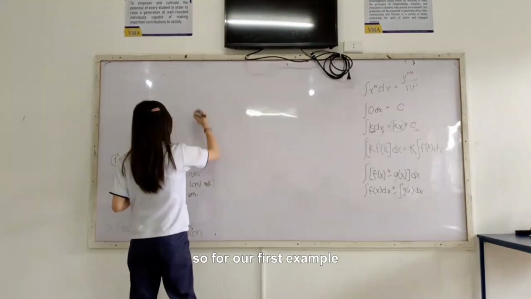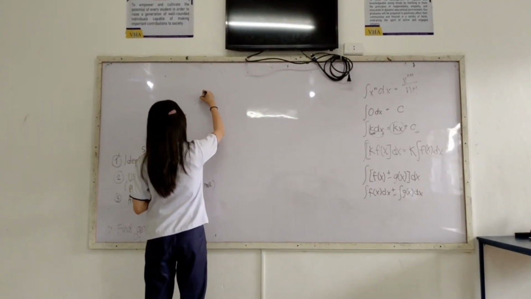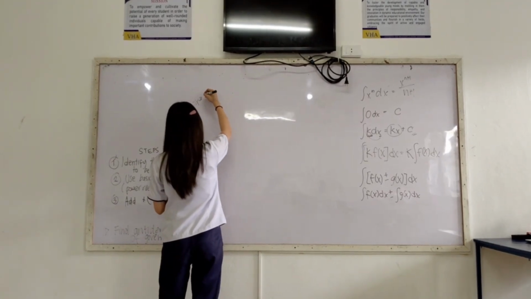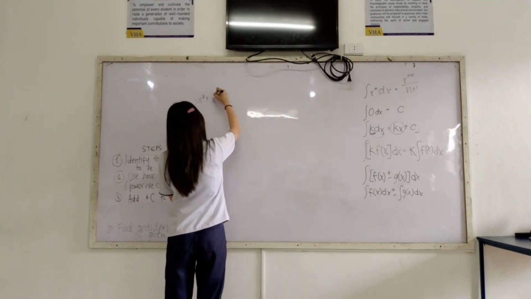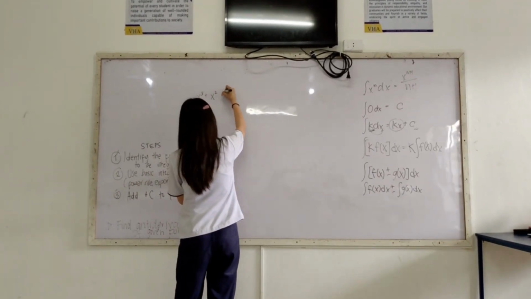So for our first example, we have 3x cubed plus x squared plus y.